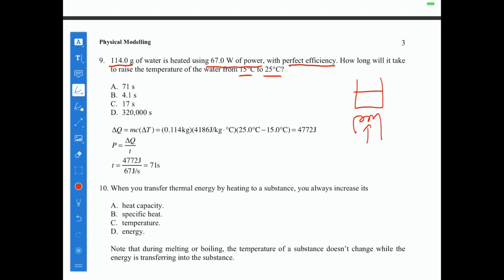So the total energy required you put in, delta Q, is your power multiplied by T. This energy flow will cause the rise of the temperature. So the same amount of energy flow into it is equal to mass times specific heat times delta T.